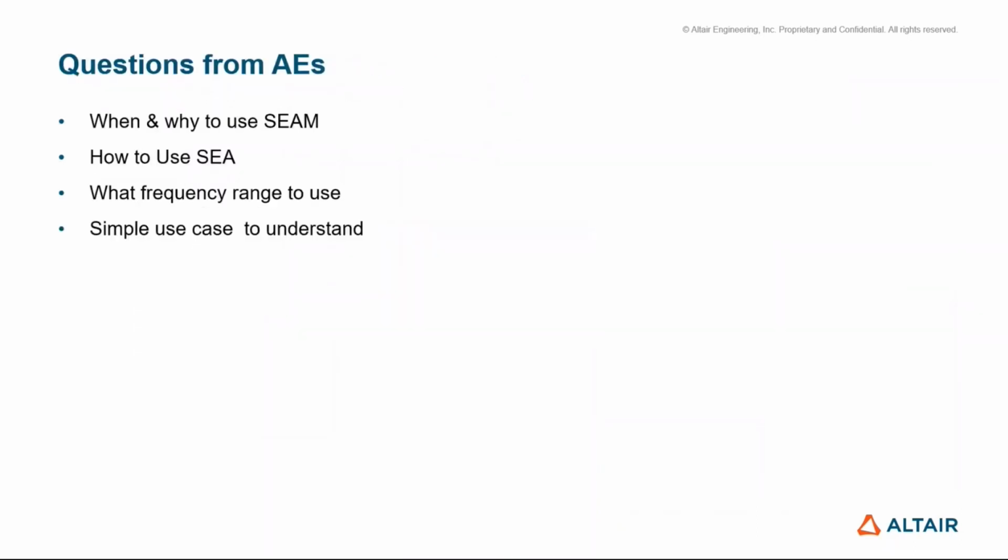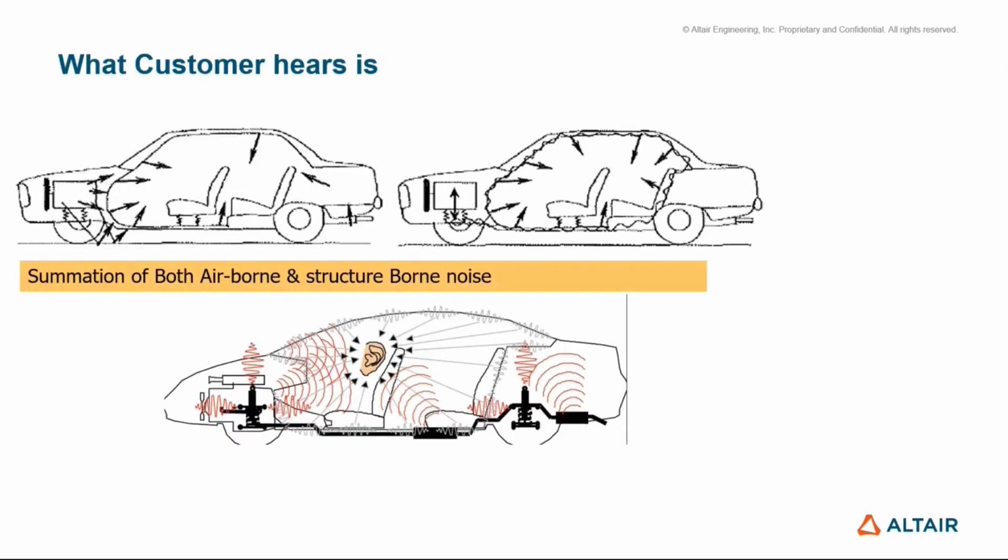A few of the AEs had questions like when and why to use SEA, how to use SEA, and what frequency range to use. To explain this, I took a simple example, since most of the AEs are present here.